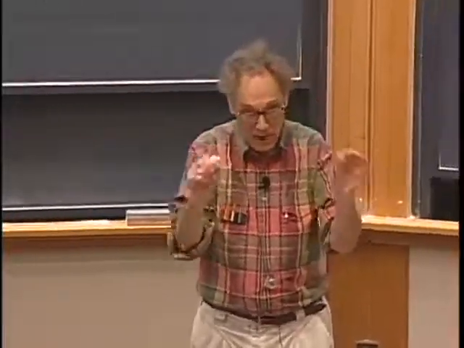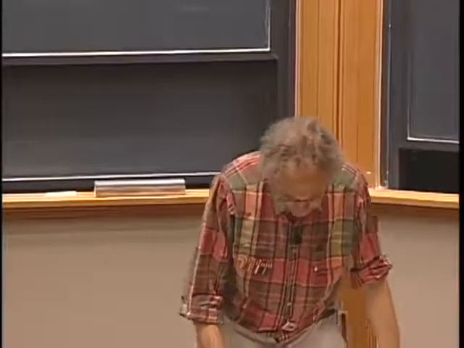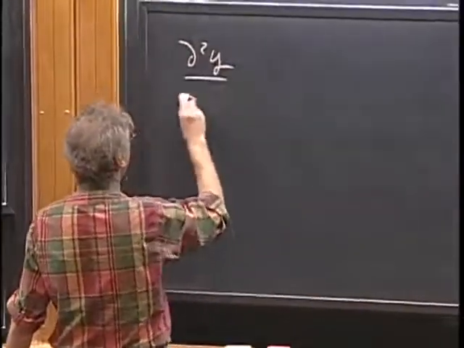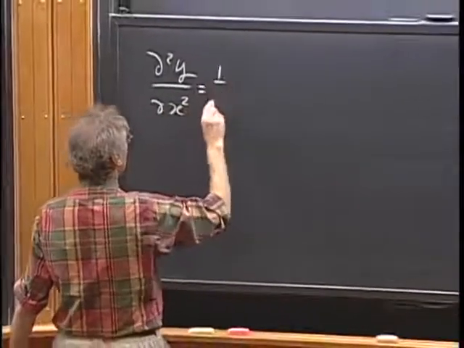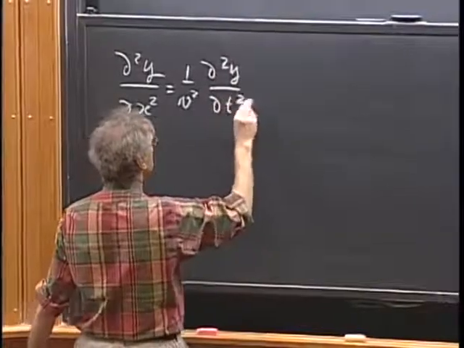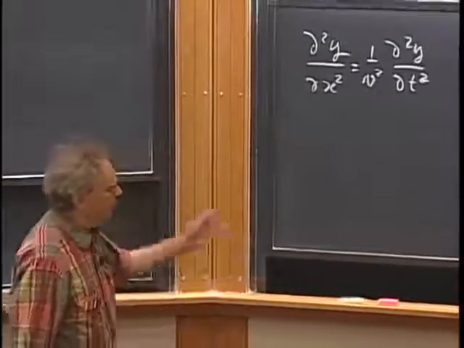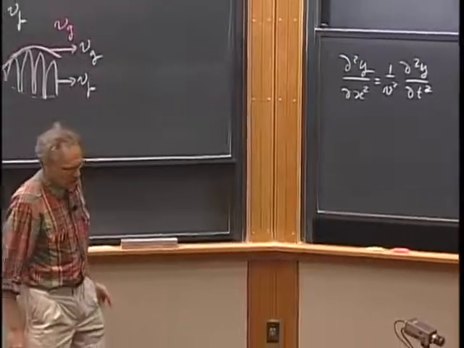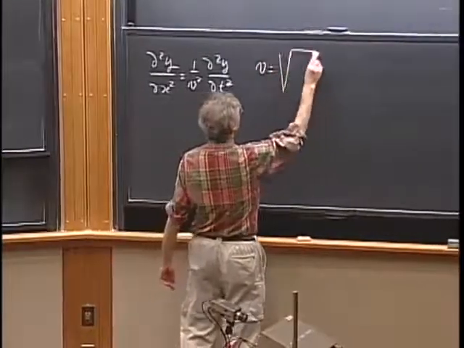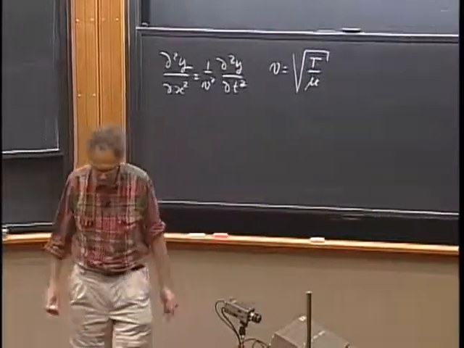So we made the wire like this, and then we had tension, and then we worked out the math, and we found that d²y/dx² was 1 over v squared times d²y/dt². And we found, by substituting the solution into the wave equation, that the speed of propagation was the square root of T divided by mu, T being the tension, mu the mass per unit length.